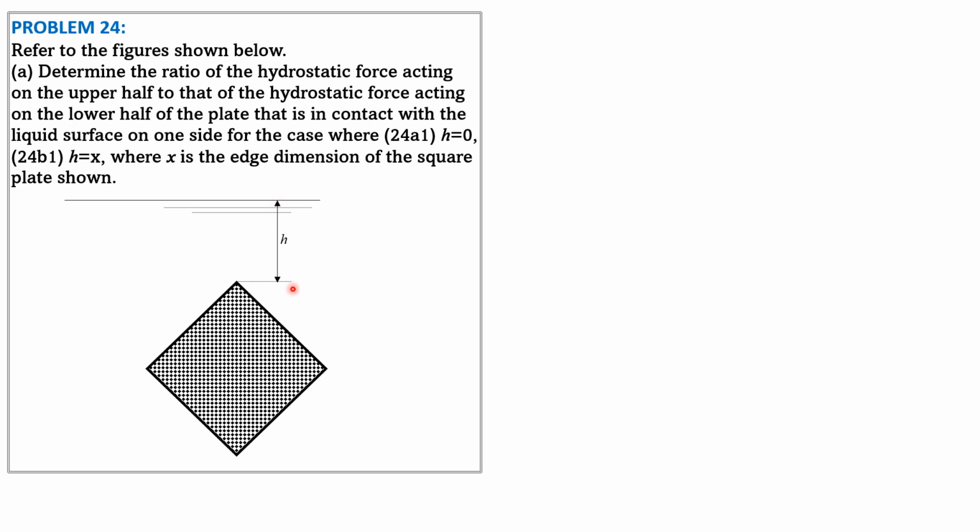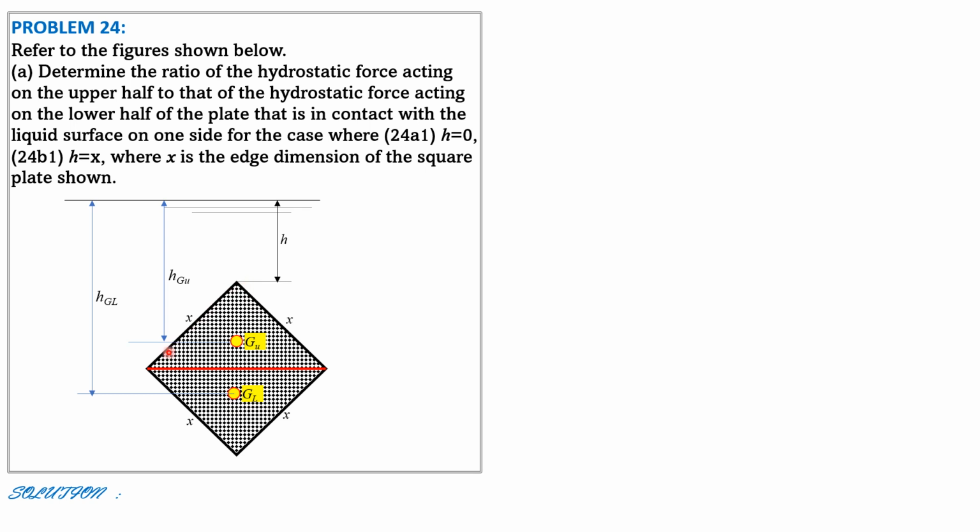So call that in general as H. It is 0 in the first part. Then this is the line that divides the area into halves. So area upper and area lower are equal, with dimensions X by X. Then if this is the centroid of the upper half, the distance to the liquid surface is HGU. This is the centroid of the lower half, then its distance is HGL, as shown.